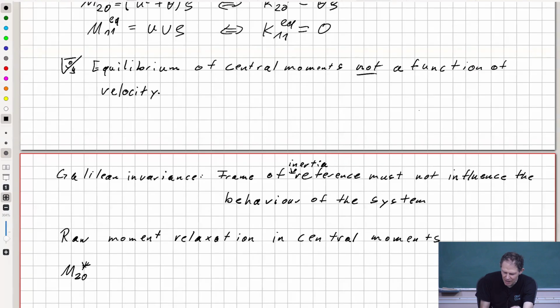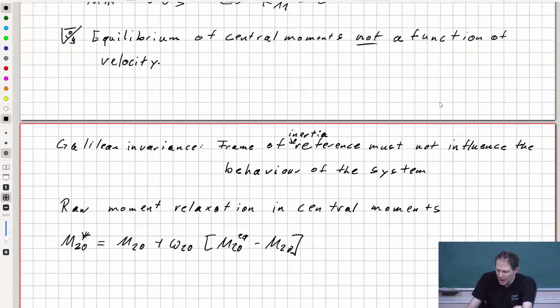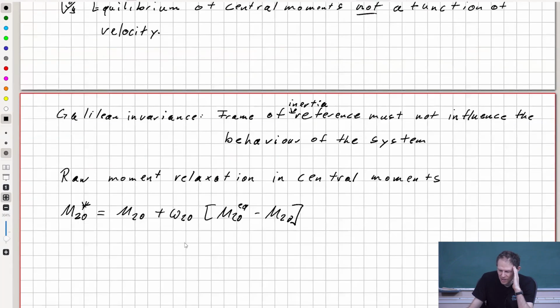Because they appear in the Navier-Stokes equation. So we have m20 after collision is m20 plus omega 20 times m20 equilibrium minus m20. Okay, so this is what we may do in MRT. Of course, to be more precise, in MRT, we will split this thing up. But let's assume we would not split it up into its isotropic and non-isotropic part.